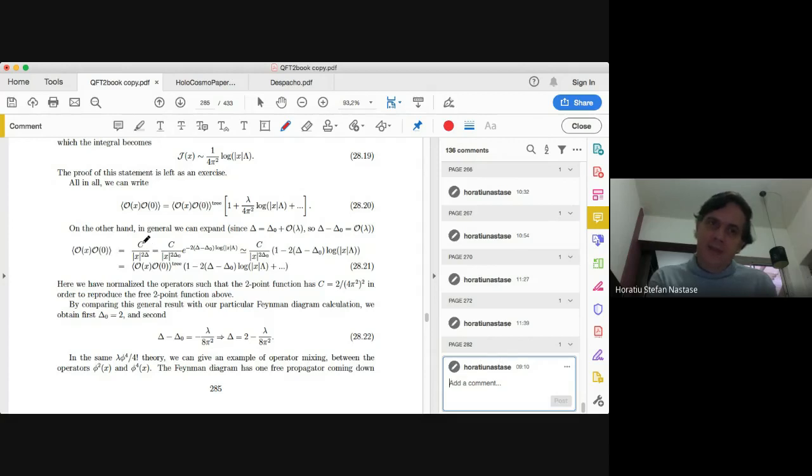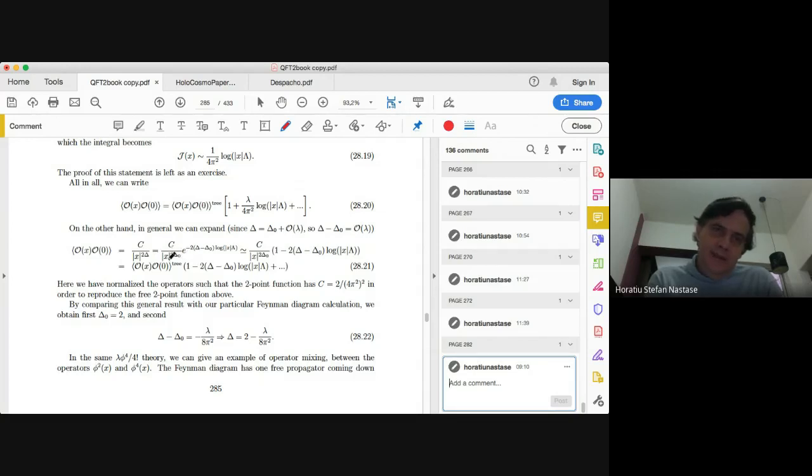That is to say, it's some constant divided by modulus of x, which is modulus of x minus 0, to the power 2, because we have 2 operators, times the total dimension delta, which is the classical dimension delta 0 plus the anomalous dimension. And I write the anomalous dimension as delta minus delta 0.